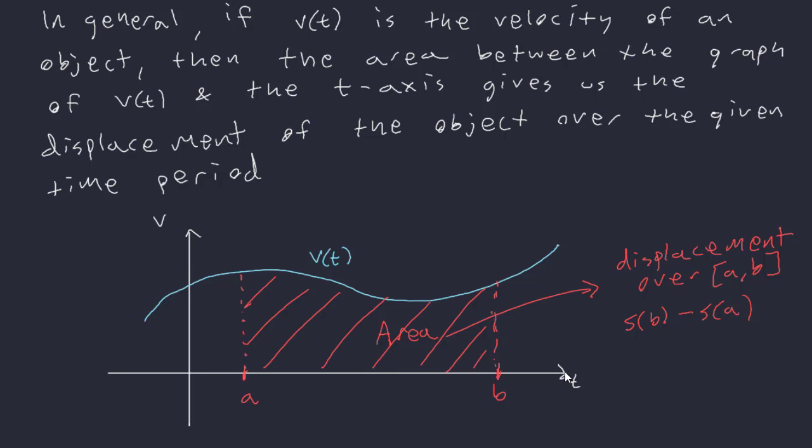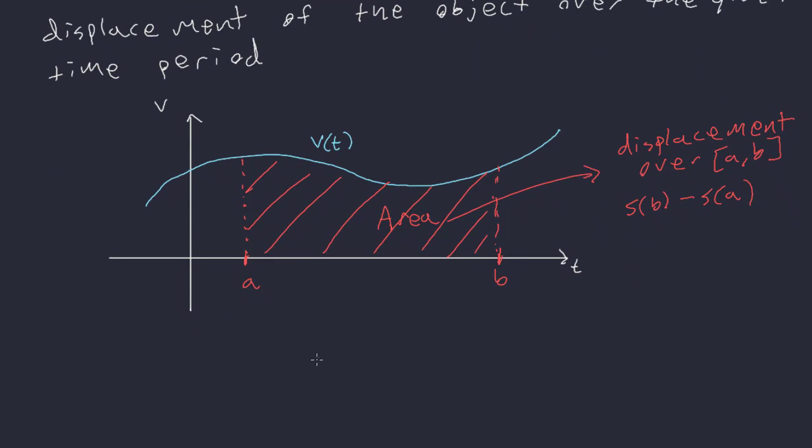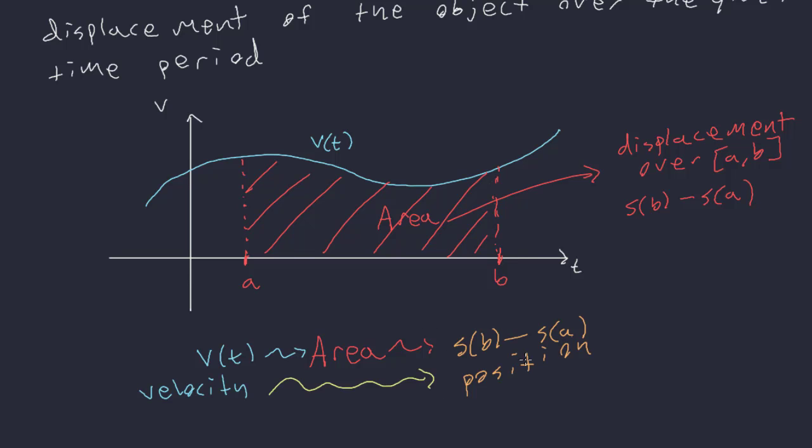So what this area does is it kind of joins the velocity, because it's the area beneath the velocity, and it gives us information about the position. In other words, through the area beneath the curve, we're going from the velocity to the position.